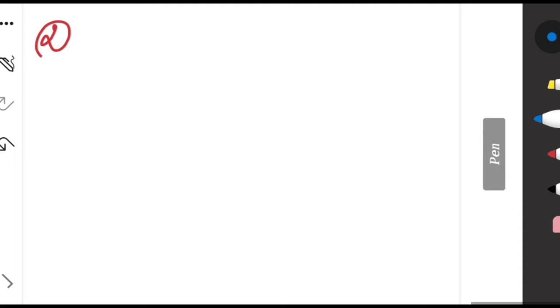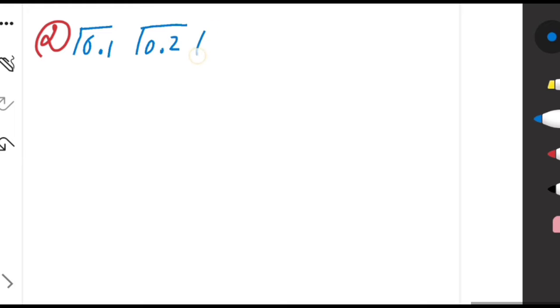The question is gamma 0.1, gamma 0.2, gamma 0.3 till gamma 0.9, and we have to calculate this.